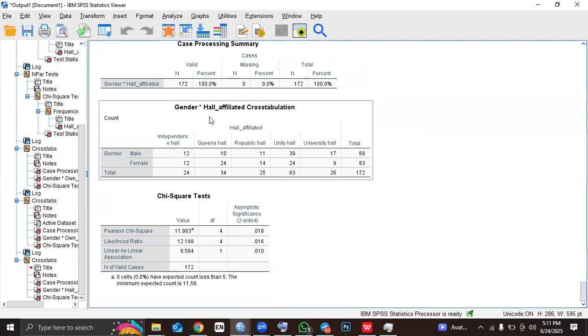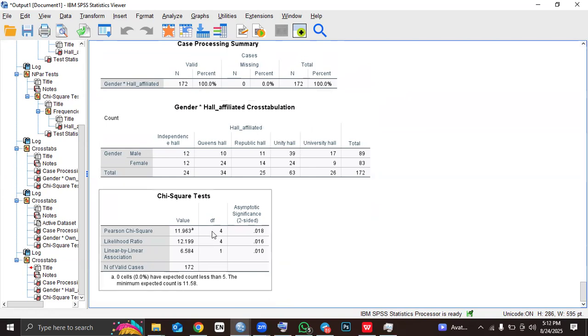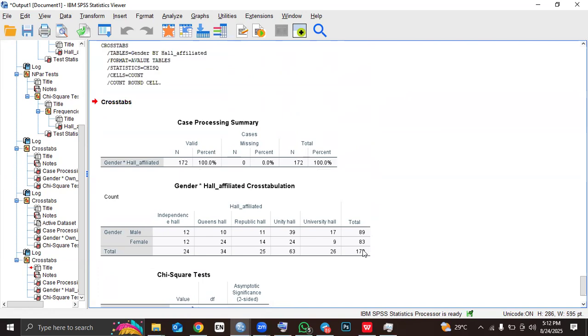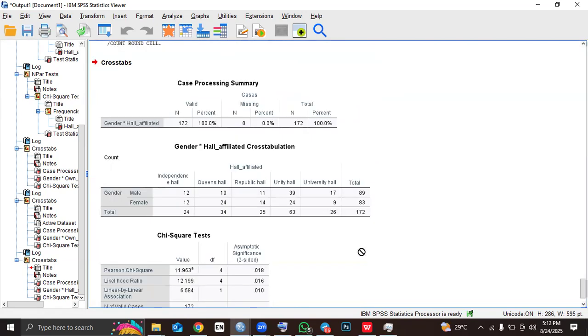Then from here we have the cross tabulation between gender and hall of affiliation, and here we have our chi-square test statistics. Good. So let's interpret the output data.